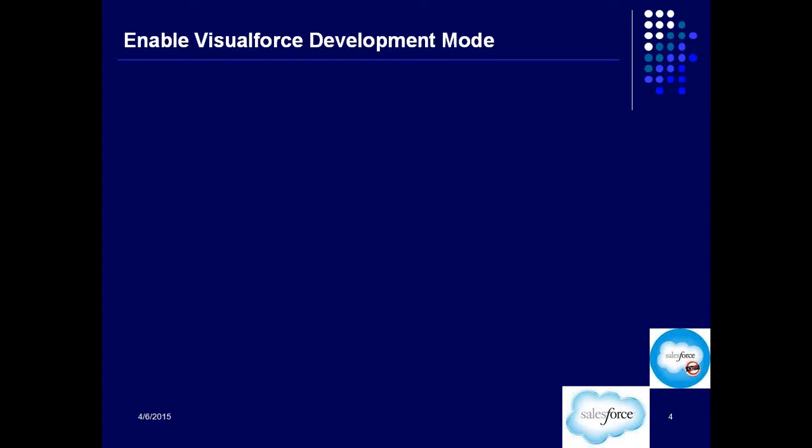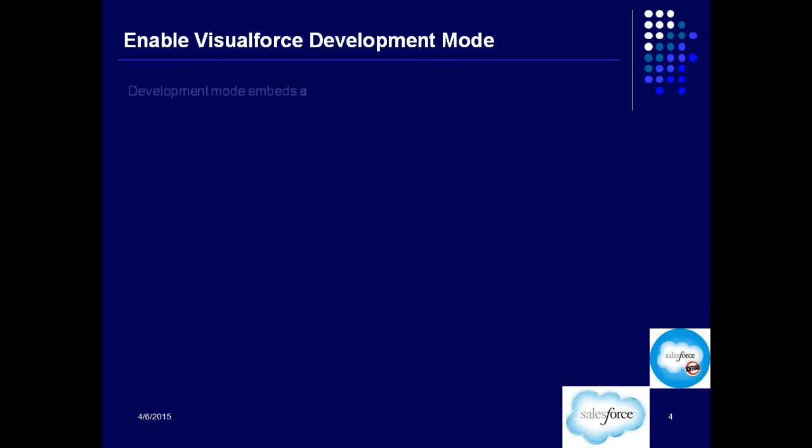Okay. So before you start working on Visualforce, you have to make a small setup change. You have to enable the Visualforce development mode. You all have your Salesforce developer editions. You just have to go ahead and enable the Visualforce development mode so that you can create the Visualforce pages and preview the page, and at the same time write or edit the code.